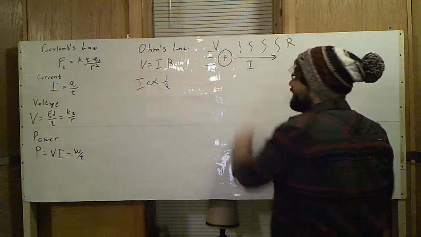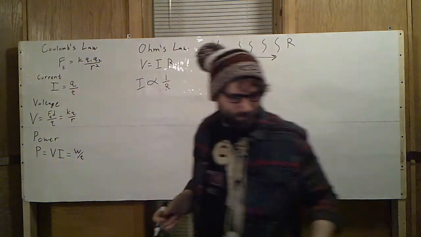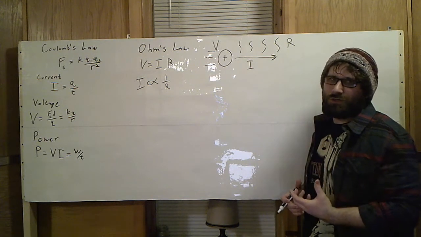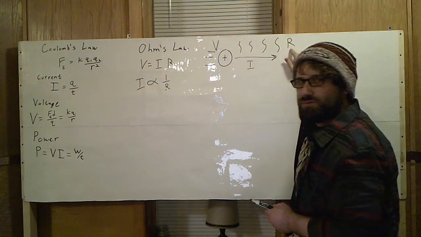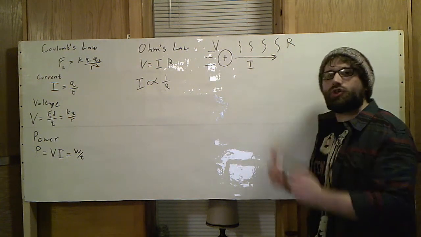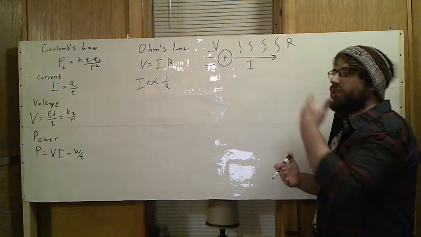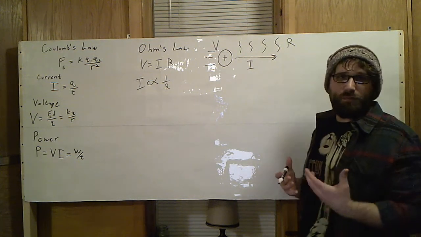I can have an entire plate of charge moving together. And I can have something as small as an electron carrying charge. So resistance is really going to be impeding that charge. It's not a physical thing, it is an electrical thing. But it is a native quality within different materials.